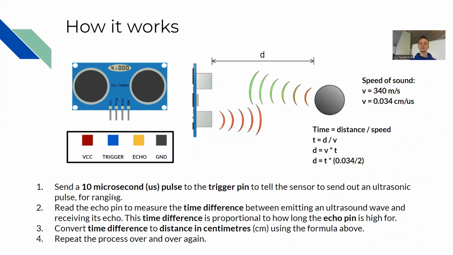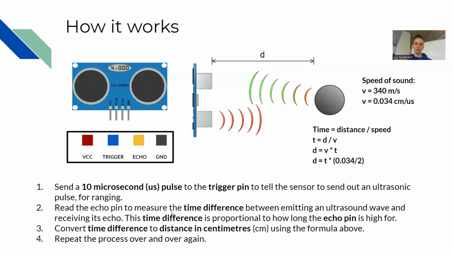So we send a 10 microsecond pulse to the trigger pin to tell the sensor to send an ultrasonic pulse. So the trigger pin triggers a sound wave and it sends it out. And then we read off the echo pin how long it's taken for that sound wave to come back. I believe it's the difference between your trigger and echo pin that you decide is the time difference.